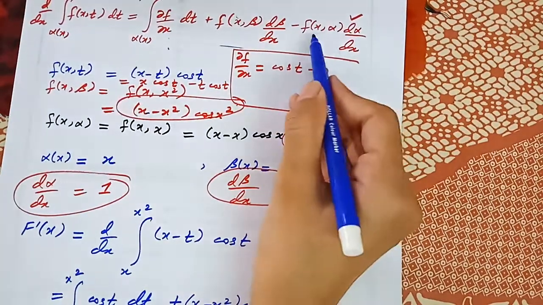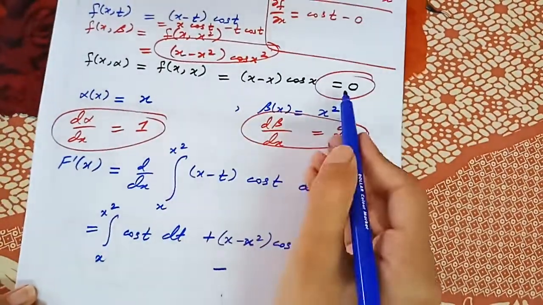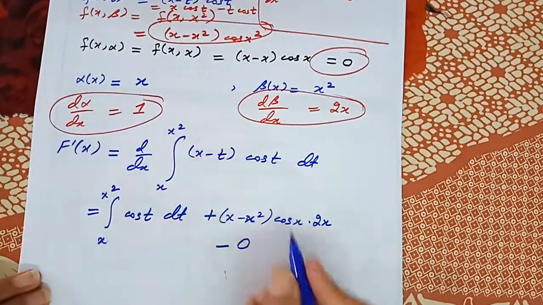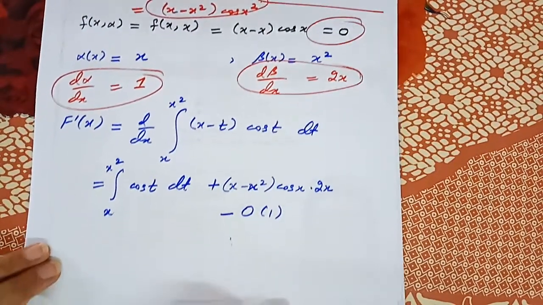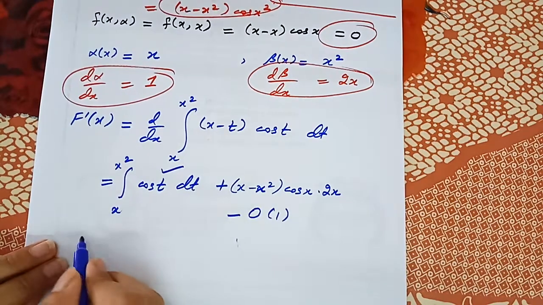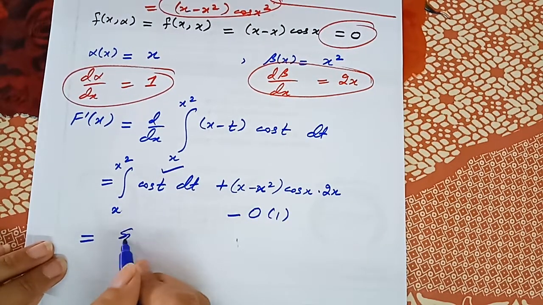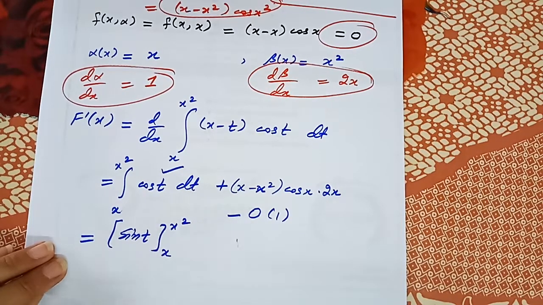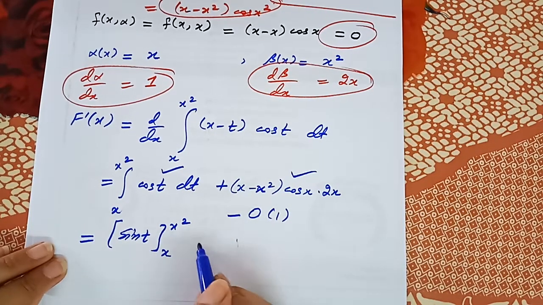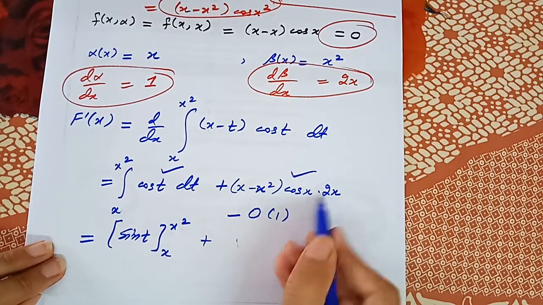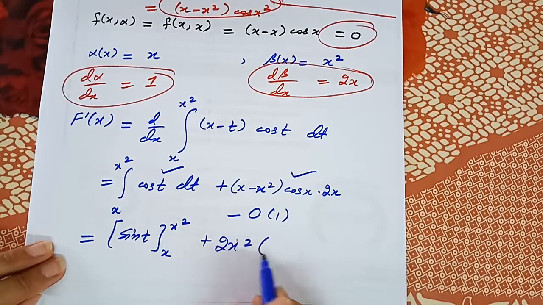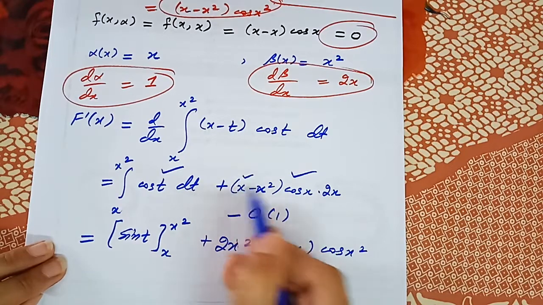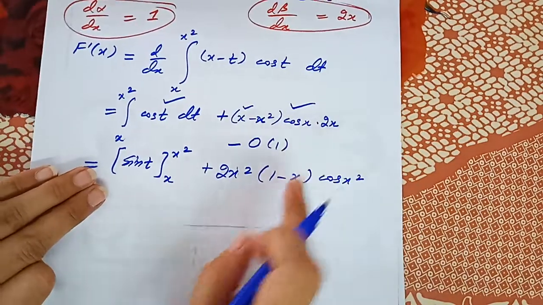Minus, I need f of x, alpha, and f of x, alpha here is 0, and I need d alpha by dx, that is just 1. So let's integrate this as well. Integration of cosine of t is sine of t, and the limits of integration are from x to x squared. Let's simplify this one. So I will get here plus 2x times x minus x squared cosine of x squared. I just took x as common, multiplied with this x.